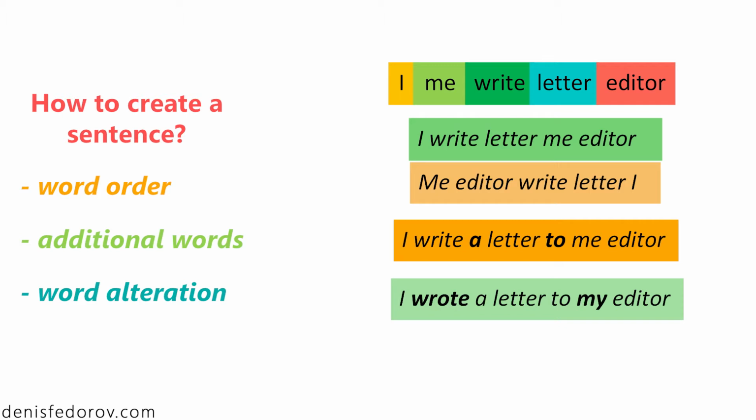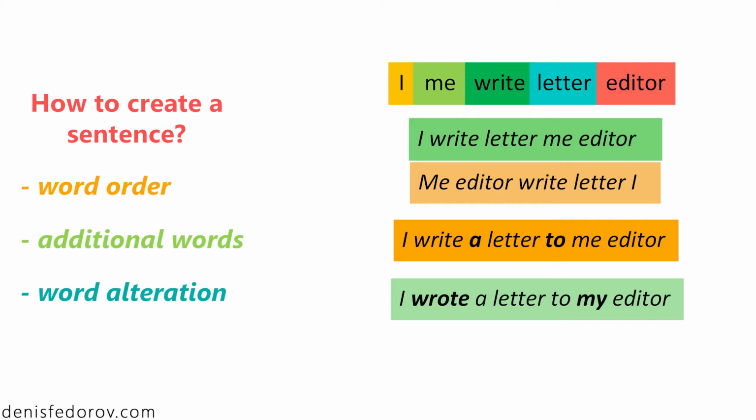And for the sentence to be clearer, we also transformed me to my to clarify possession. So without this word alteration tool, we were unable to convey the proper tense in this example. So, using these three instruments, word order, additional words, and word alteration, we were able to conclude the sentence.